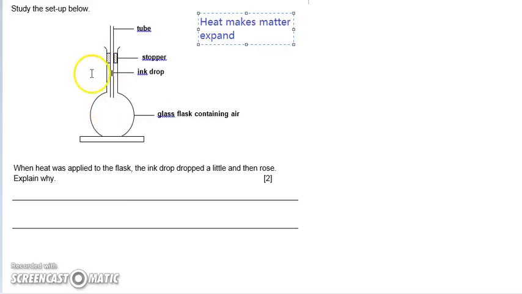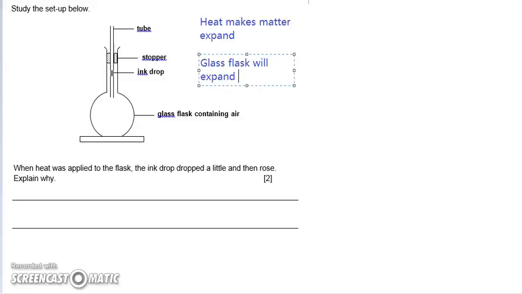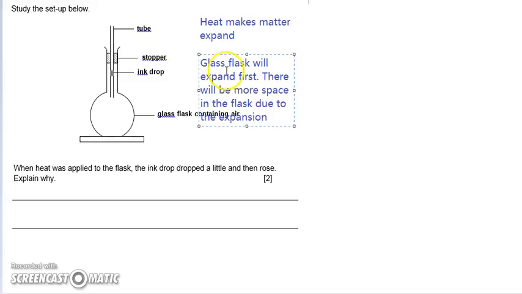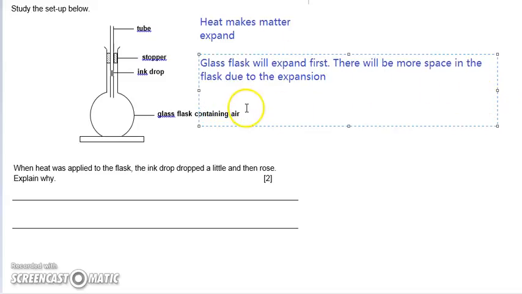Now when the glass flask expands, when it expands, there will be more space in the flask due to the expansion. Because the glass flask is expanding, the volume here will be bigger.